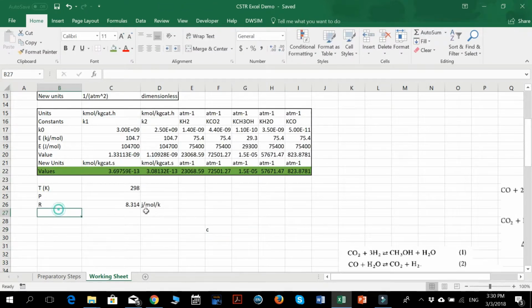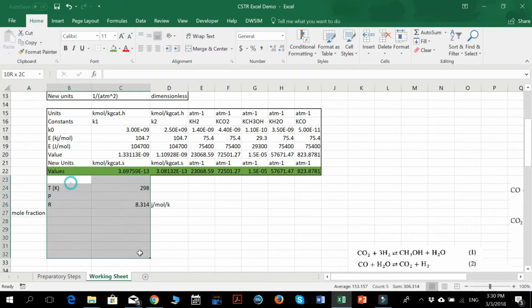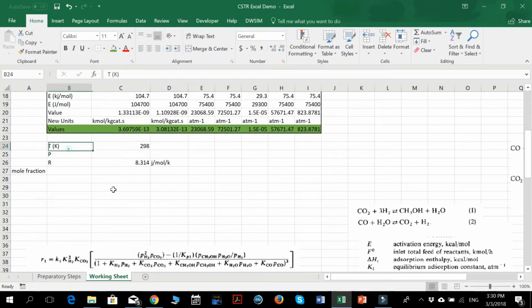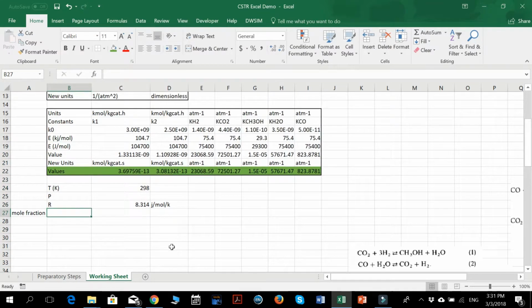Alright, so besides that, let's continue putting in our values for mole fractions. Let's put our mole fractions in this area, the one I'm highlighting. So I want YH2, that's the mole fraction of H2, YCO2, Y methanol, Y water, YCO.